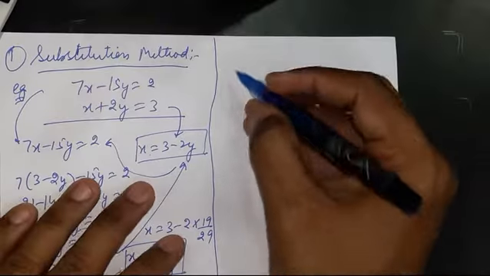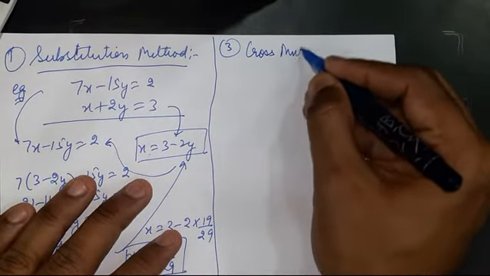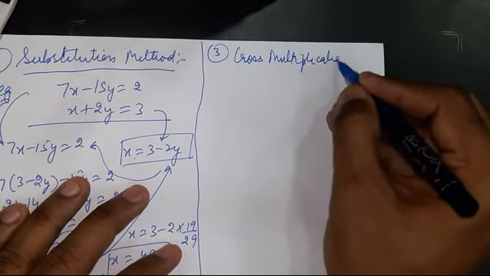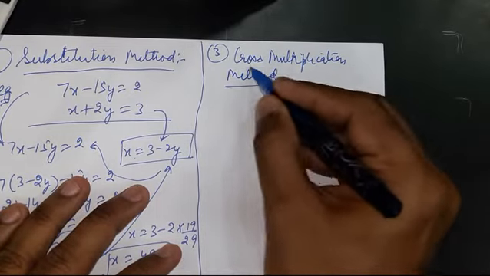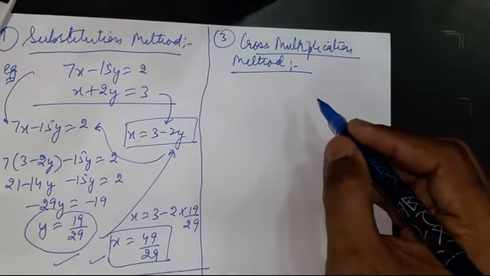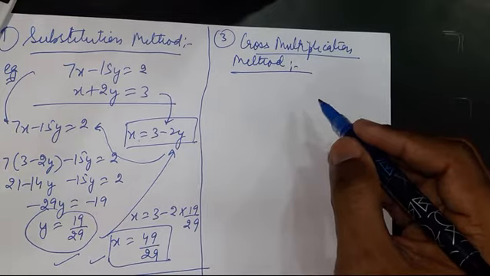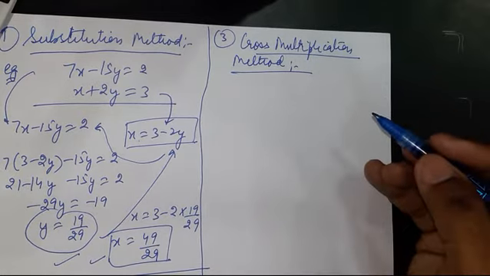The third method is the cross multiplication method. Generally students get confused by this method, as it is an important method and a little bit difficult one. So you need not worry about it.